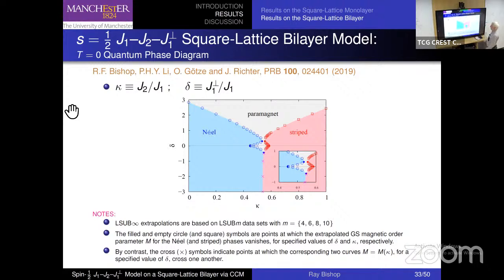Delta equals 0 is the monolayer. That's where the Néel order disappears, at about 0.45. That's where the striped order appears, at about 0.60.